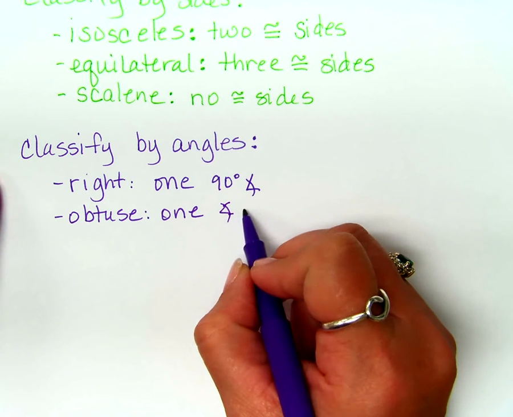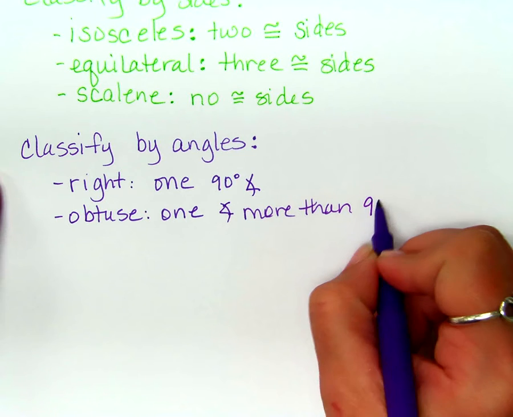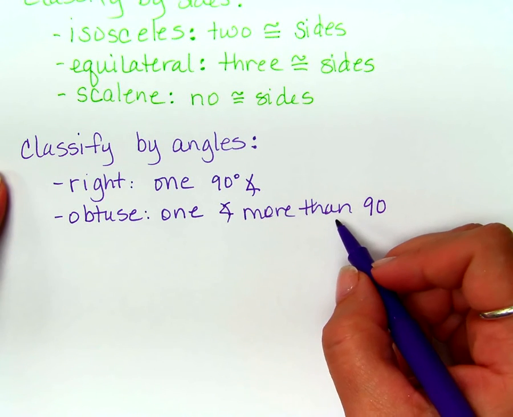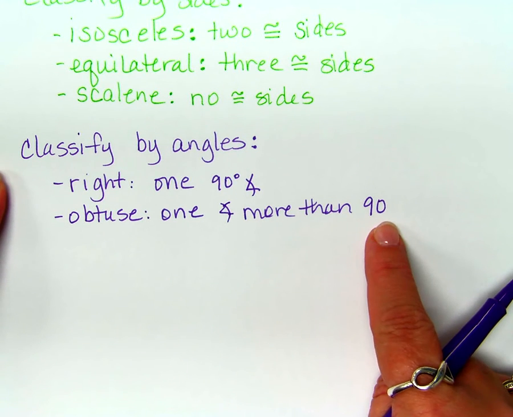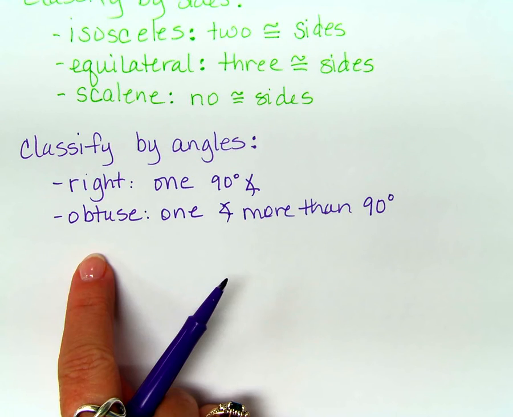And just so we're specific about this, because we want to be good with our math vocabulary, one angle more than 90 what? Degrees, okay? We just want to be real accurate with our mathematical communication. That's important, okay?